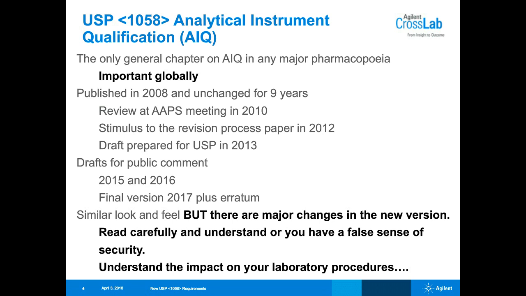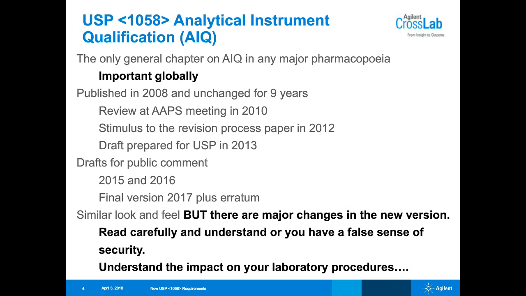USP 1058 was first published in 2008 and has been untouched for 9 years. Although the USP, through the American Association of Pharmaceutical Sciences, had a review meeting in New Orleans in 2010, that was co-chaired by Paul, who kindly invited me to give a European perspective at that meeting.